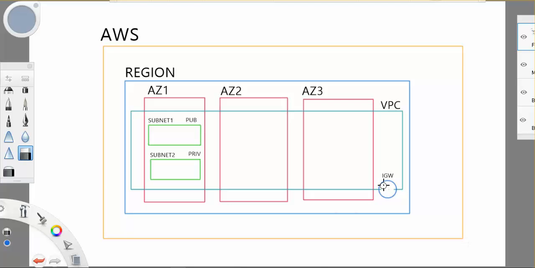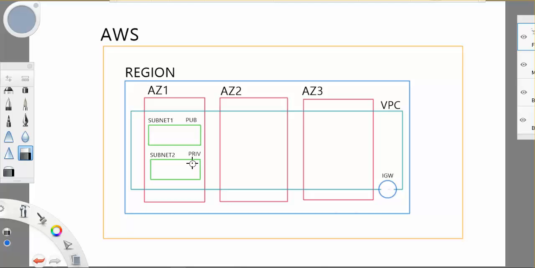So what I have done now is I have created an internet gateway, and also I have attached it to the VPC. And remember that what this is going to allow us is potentially to have instances that are located, for instance, in public subnets to be able to access the internet. And then we're going to see how instances that are located in a private subnet will be able to access the internet.